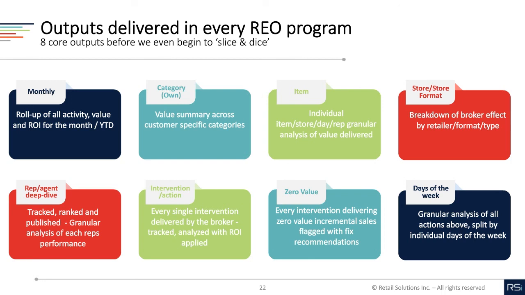That's 80% of everything the team is doing in store is returning no incremental sales benefit. And finally, days of the week analysis helps understand where the team are most effective. Examples today have shown Tuesday through Thursday are the most effective for some specific categories and manufacturers. The analysis and data enables us to make these kind of decisions and reach this type of analysis.